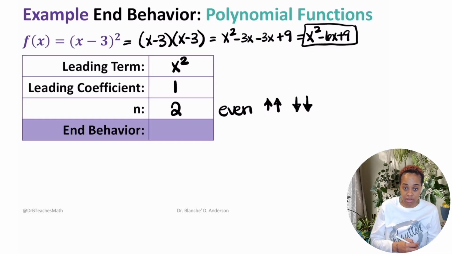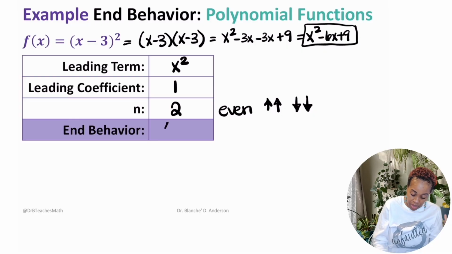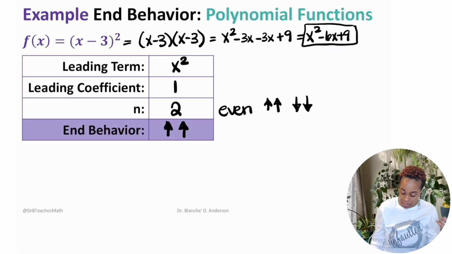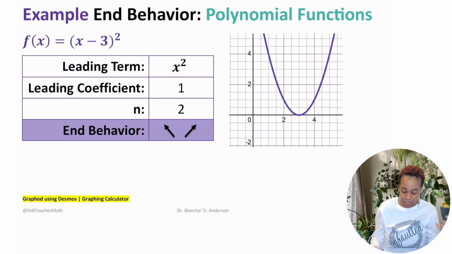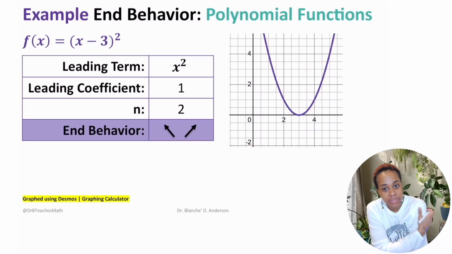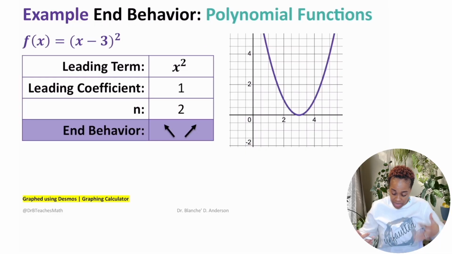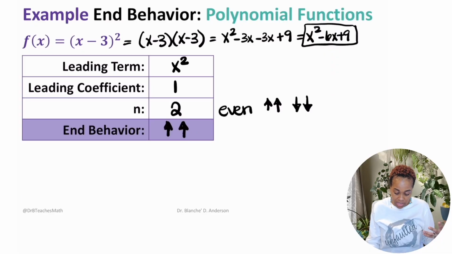And because the leading coefficient is positive, we know it's going to be up, right? Or we're confident that it's going to be up. We don't know what it does in the middle, but we know that the end behavior is going to be up, right? Let's see. Perfect. I hope this is making sense. And then we took this and turned it into that so that we could see what the degree is.